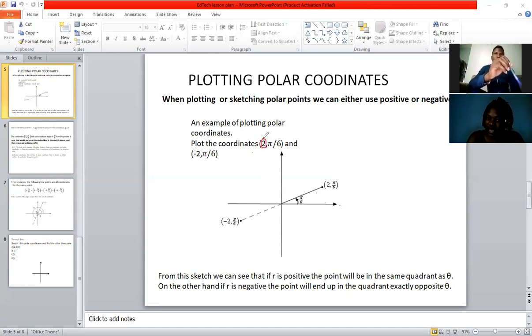When you measure that R, because it is 2, from the origin 0 to this point here, let us say our point is P. Our point P is 2, pi out of 6. So now you measure from the origin to this point P that we stated.